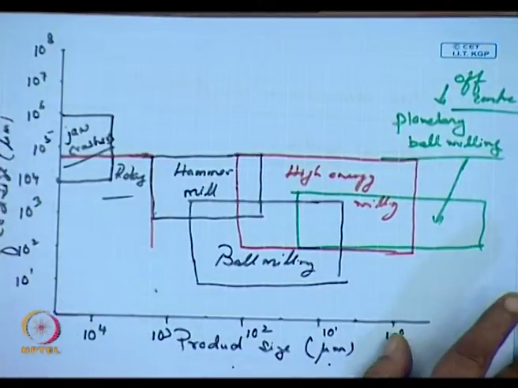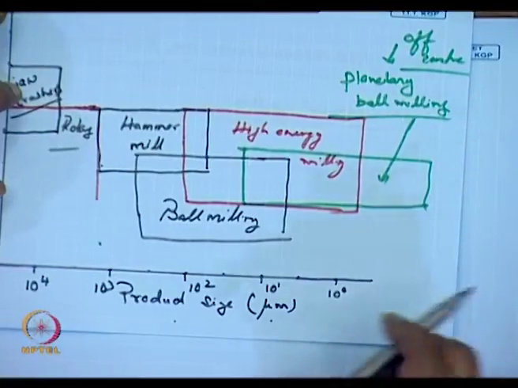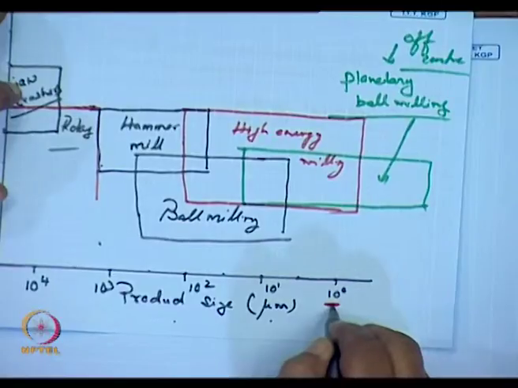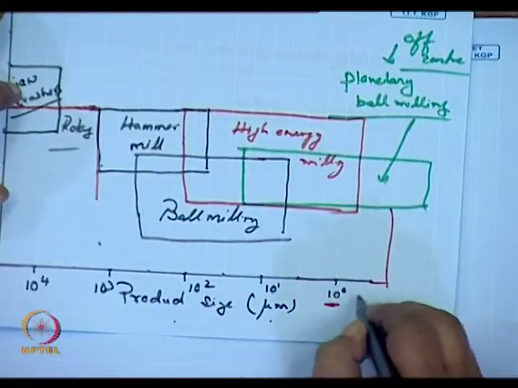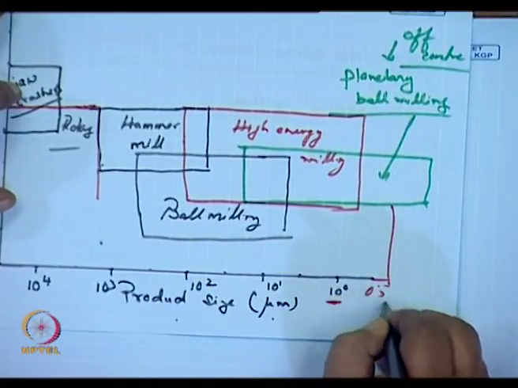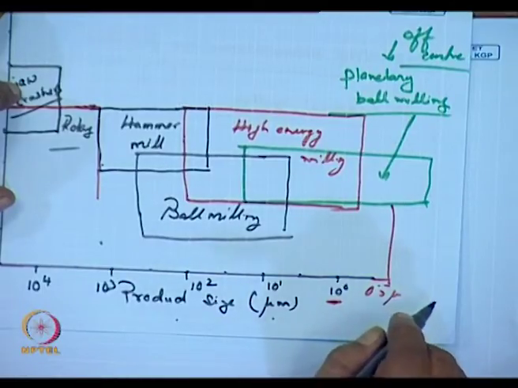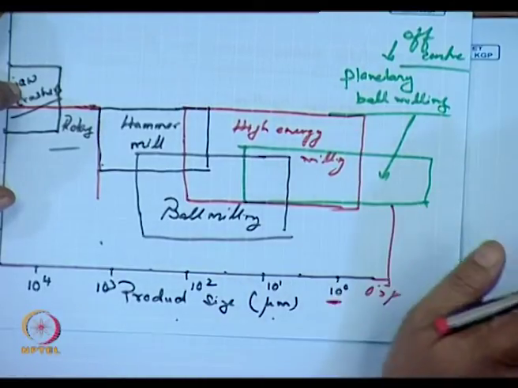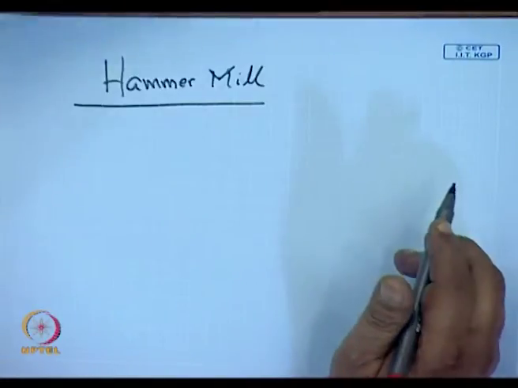Now, in all these milling operations, whether it is jaw crushers, you have to remember this is just 1 micron, and I am going to roughly 0.5 micron size over here with planetary ball milling. In fact, with planetary ball milling, I can go down to much finer sizes.